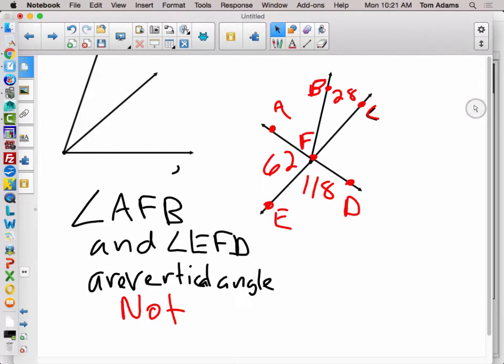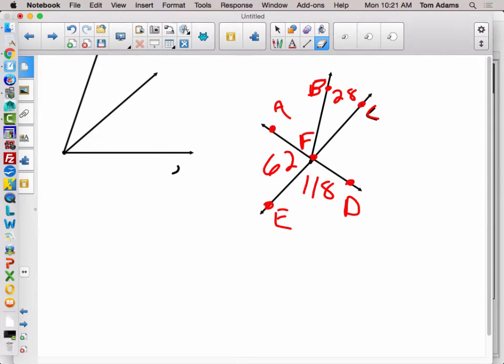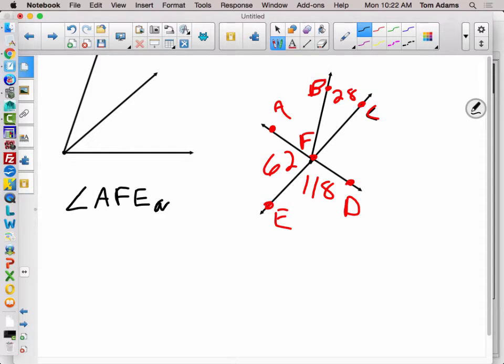All right, so one more question. Can I erase this? All right. Last question that they're asking us. It says that the angle AFE and angle BFC are complementary.